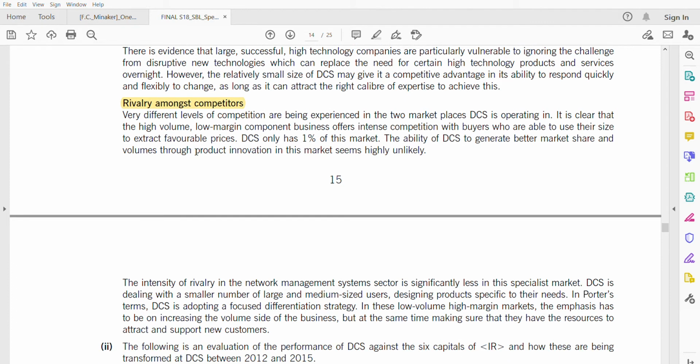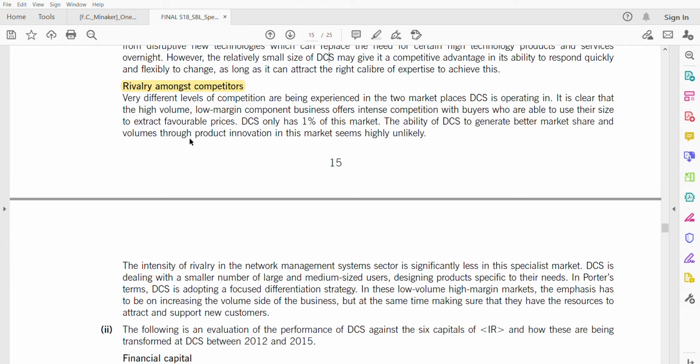Okay, now let's go to the last one. Rivalry amongst competitors. I have spent more than 30 minutes in this part because I'm stopping in between and explaining and going again to the exhibits, but when you do it, stick to the 30 minutes. Be honest with yourself. 30 minutes, not 31, not 29, 30.